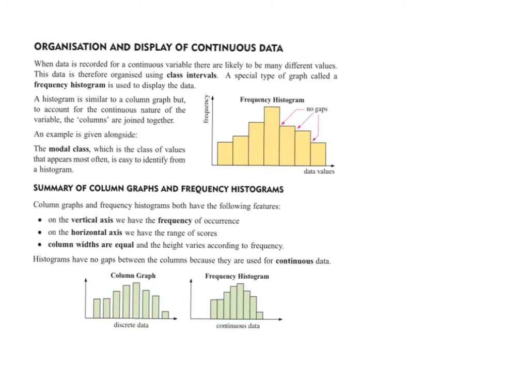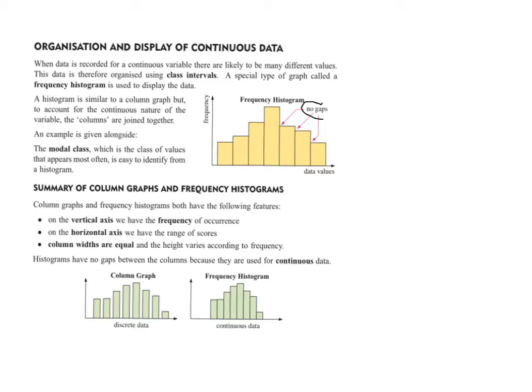So let's look at now how continuous data is displayed, and you'll notice that it looks similar to discrete data in some ways, but it is different. One thing that we need to recognize is that we use frequency histograms rather than column graphs. And the biggest difference that we'll notice is that these columns are joined together.